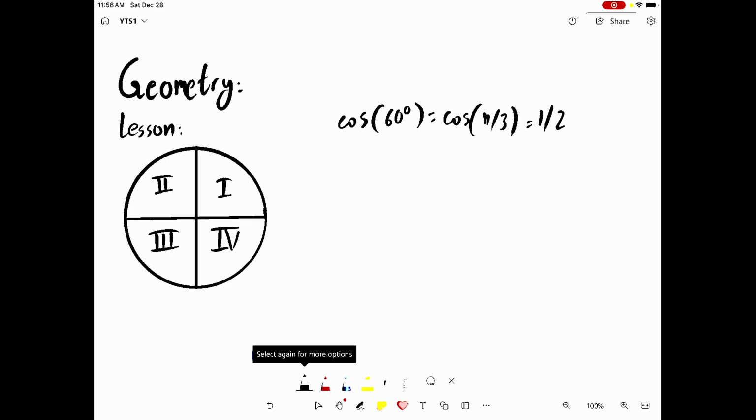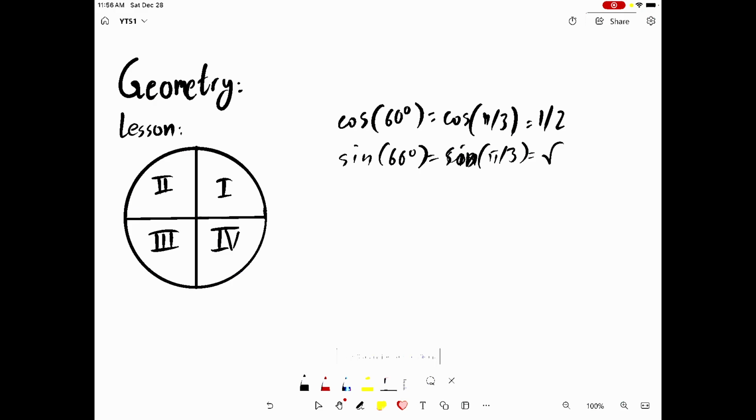The final angle measure that I would like to do is 90 degrees. But first, let me quickly finish writing sine of 60 degrees. Sine, not cosine, sorry. Sine of 60 degrees is equal to the square root of 3 by 2. Finally, what we have is 90 degrees.